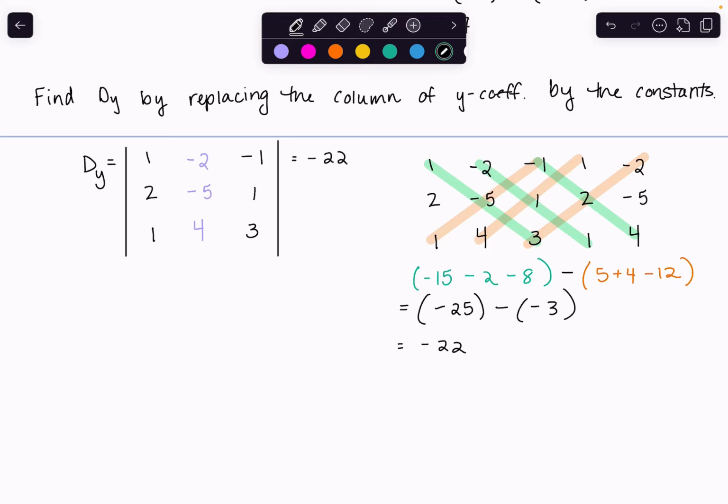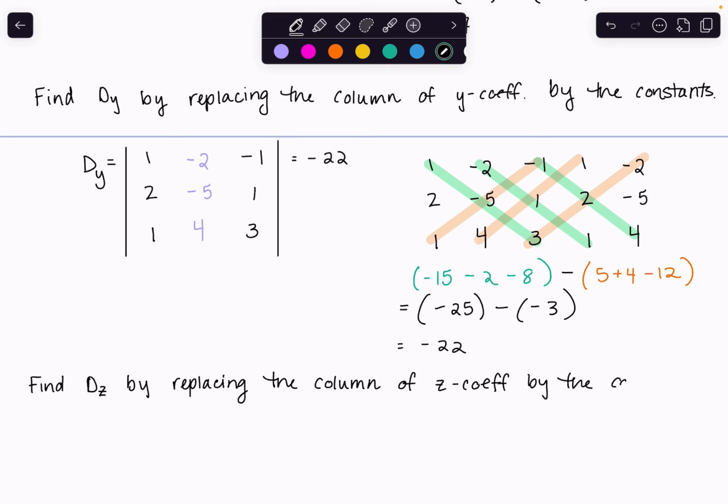Then I have one last determinant to find. We find d sub z by replacing the column of z coefficients by the constants. Okay.